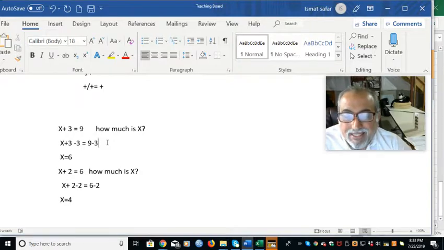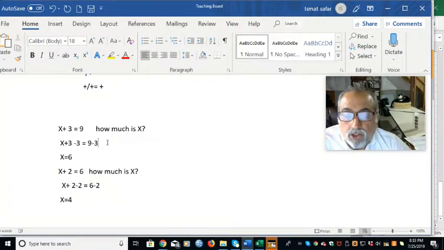Because these equations you're gonna use in middle school and high school, in quadratic equations, in exponent equations, and many equations in the future, especially in upper middle school and high school and college, of course. So please pay attention. These equations are very important.